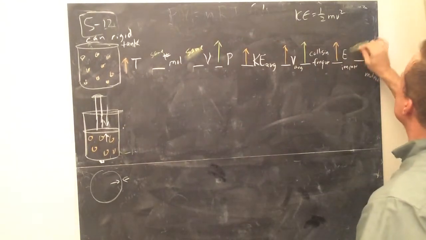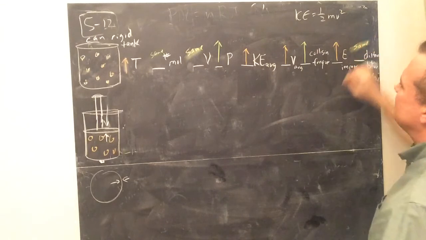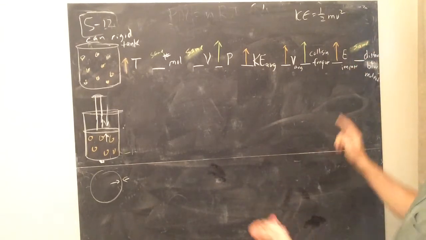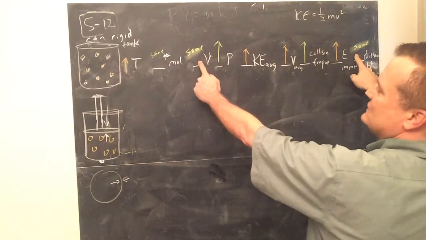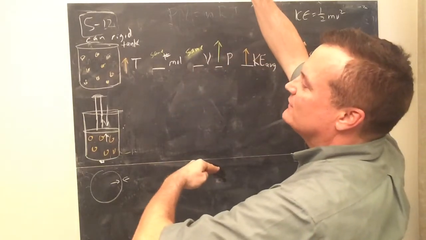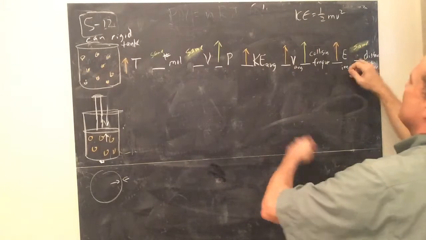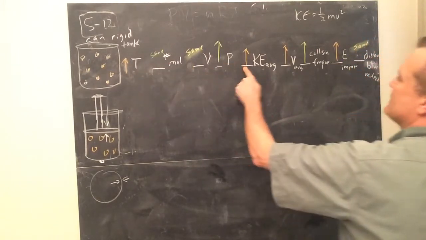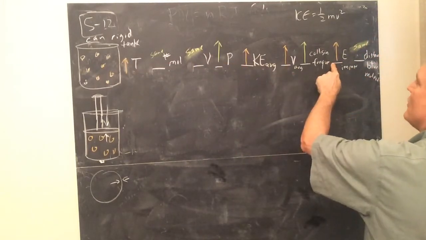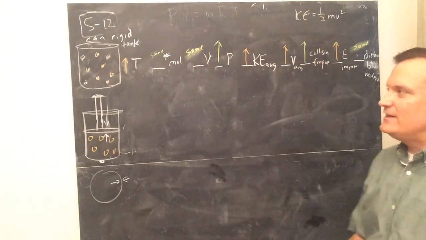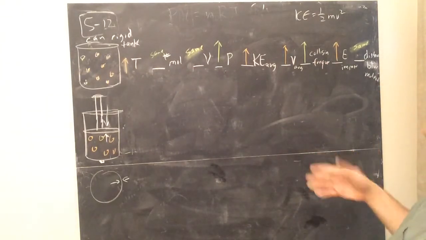The distance between molecules is the same. The volume and the distance between molecules will always do the same thing. They're tied to each other. If the volume gets bigger, the molecules will have more distance between them. Temperature, kinetic energy, velocity, and energy of impact will always do the same thing.